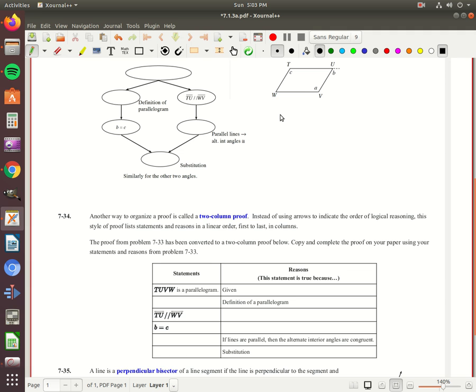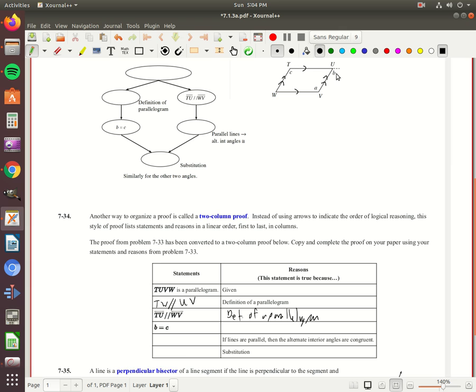The next one says that TU and WV are parallel, so step 2 must be TW is parallel to UV. I know that because that's the definition of a parallelogram, and I know that TU is parallel to WV. Again, that is the definition of a parallelogram.